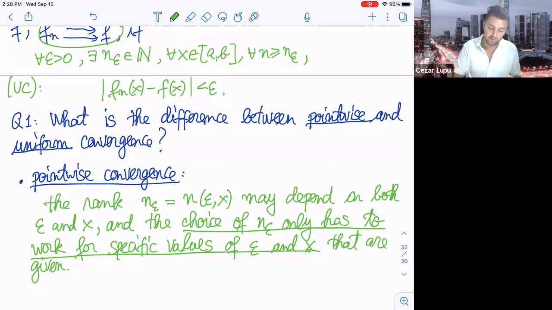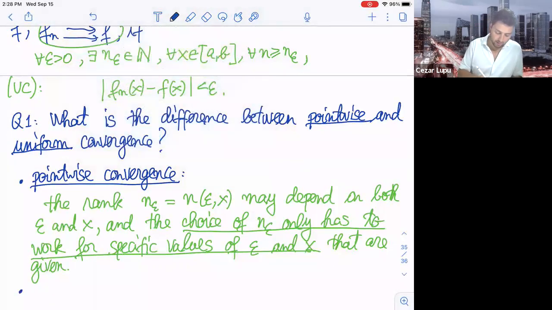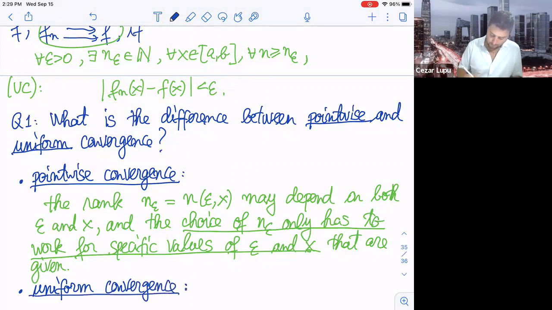Well, in the case of uniform convergence, this rank can only depend on epsilon, so we don't need x anymore. So let's write it.